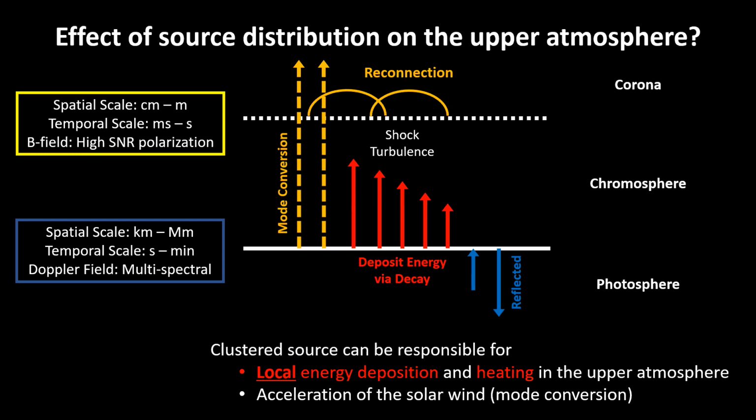So far, what we have seen is that in order to successfully apply this technique, which means this kind of perturbation velocity-based filtering, you need at least 40 to 50 kilometers of spatial resolution and 2 to 5 seconds of temporal resolution. And in order to see their propagation through different layers of the atmosphere, you need multi-instrument capabilities.